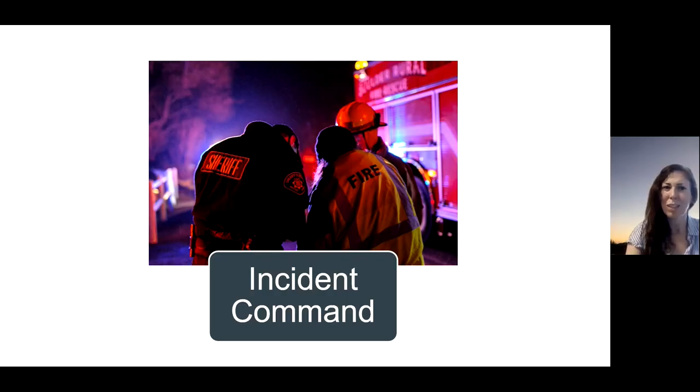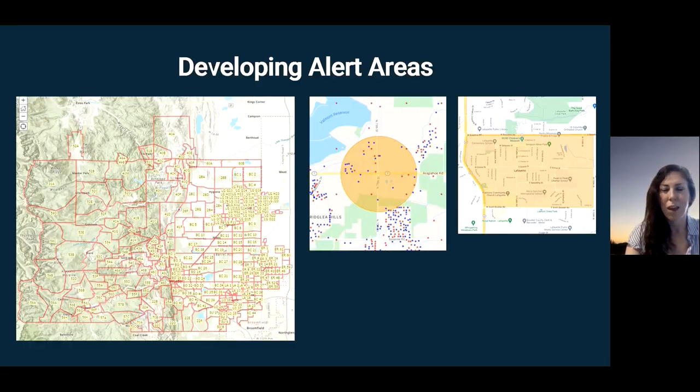So once they size it up, they then determine the area. And the area that they determine can look like a few different shapes. First, it can be one of the predetermined shapes that we have in our county. The entire county is divided into predetermined shapes so that our incident commanders and dispatchers can communicate really quickly to be able to get those alerts out to you in predetermined areas.